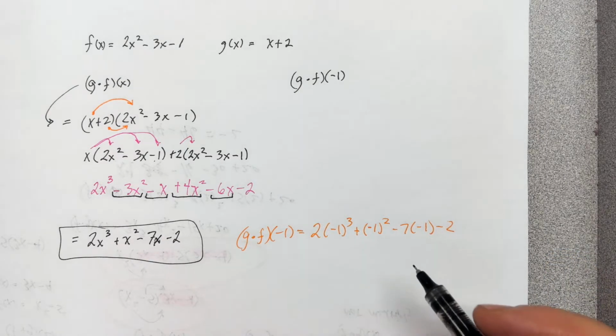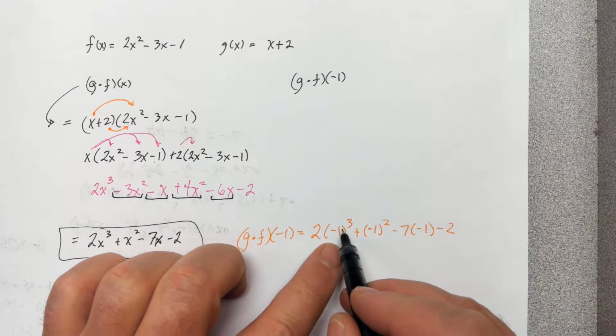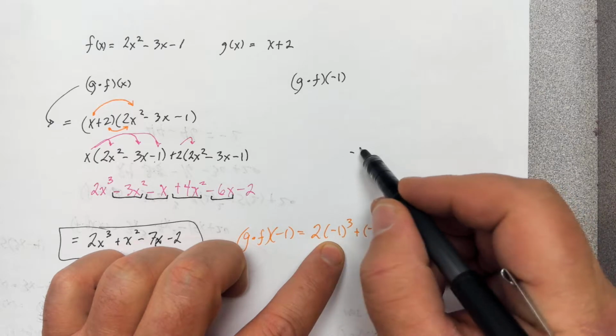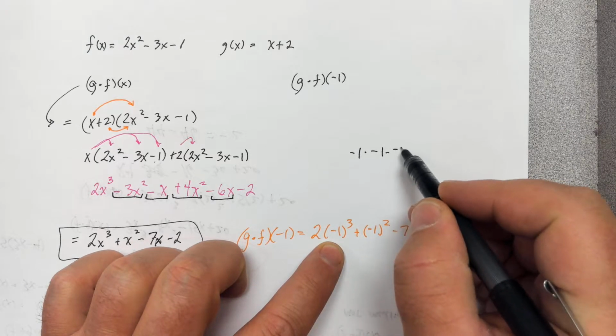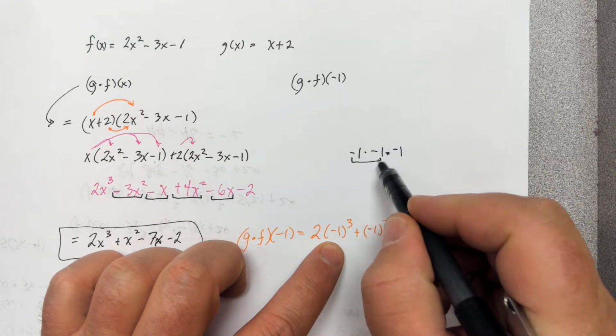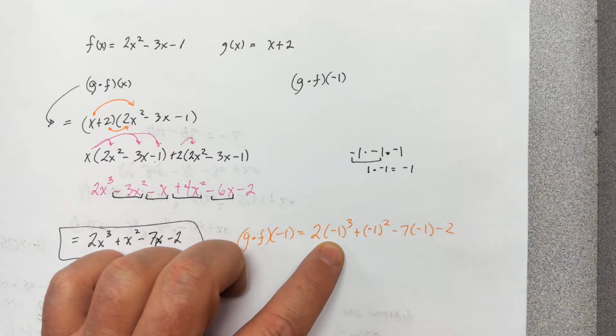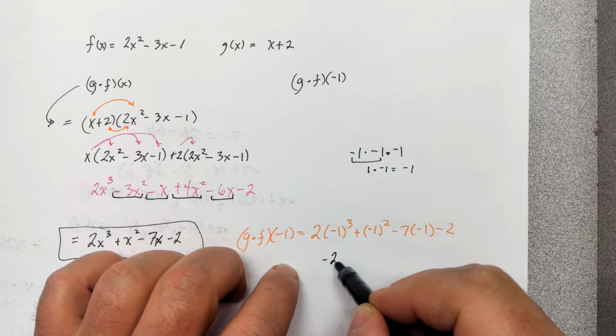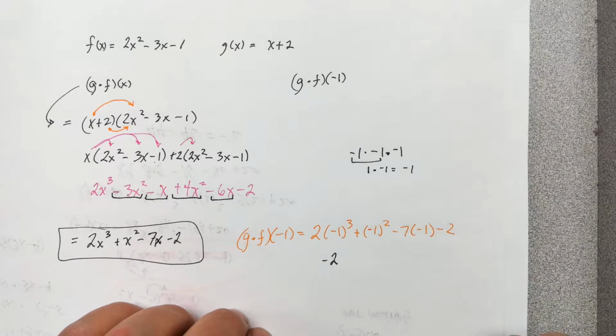Okay, now. Negative 1 cubed, 3 times. So that'd be -1, -1, -1. That's positive 1 times -1 is -1. So that's -1 times 2, -2.